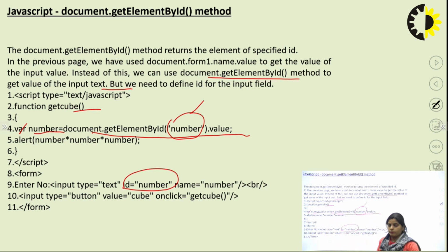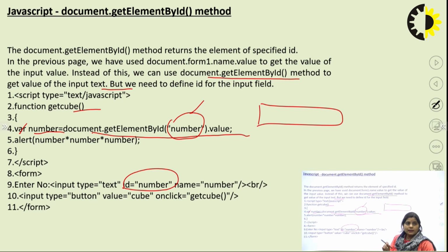Now the main work is inside the form tag. Here we are going to enter a number, the input type is text. Inside the text box the number is entered by the user. The control type is text, and we are also providing the id value.